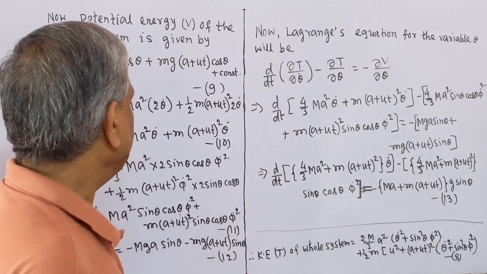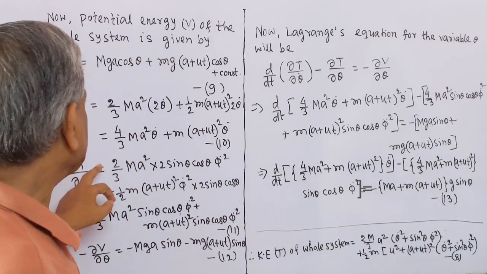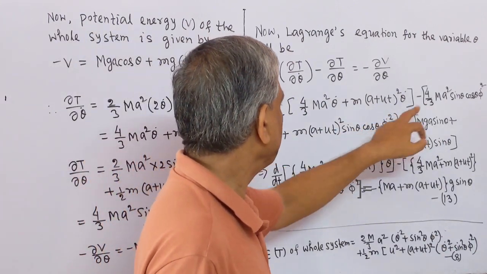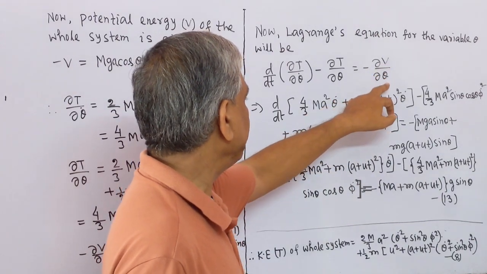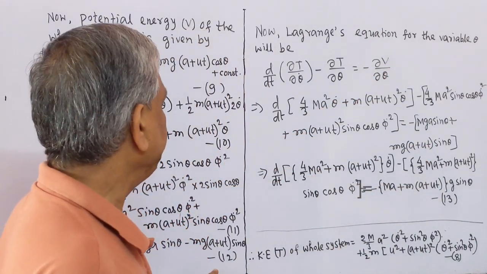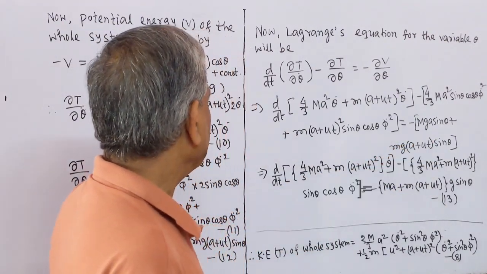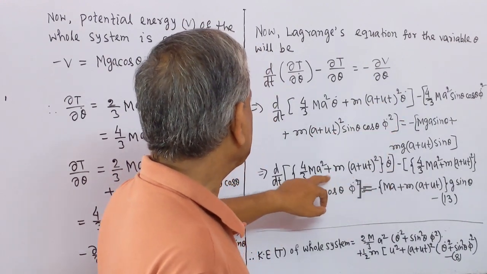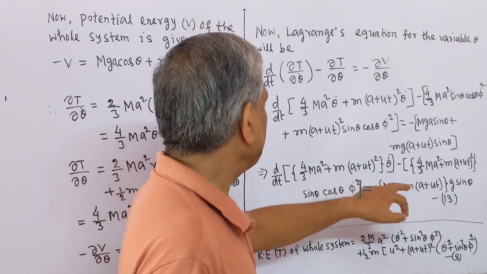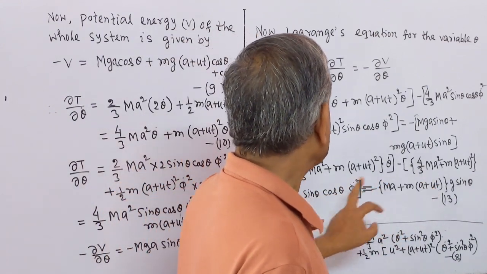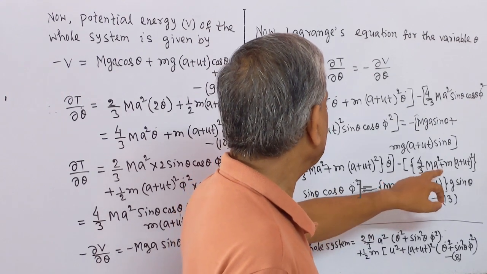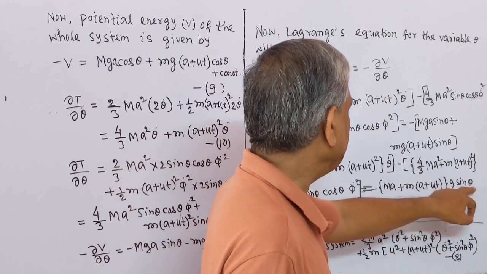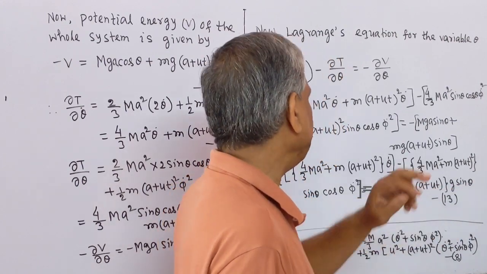Then we put the value of the partial derivative of T with respect to theta, number 11, and this is equal to minus the partial derivative of V with respect to theta, number 12, on the right side. We take theta double dot common and the other terms remain. Here we take common sin theta cos theta phi dot square and the other terms remain here, and on the right side we take common g sin theta, and this is number 13.